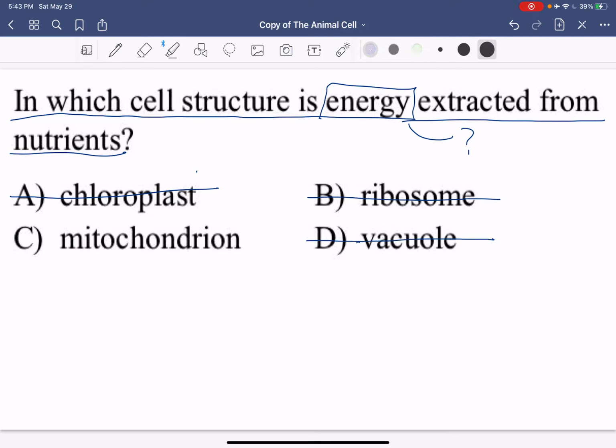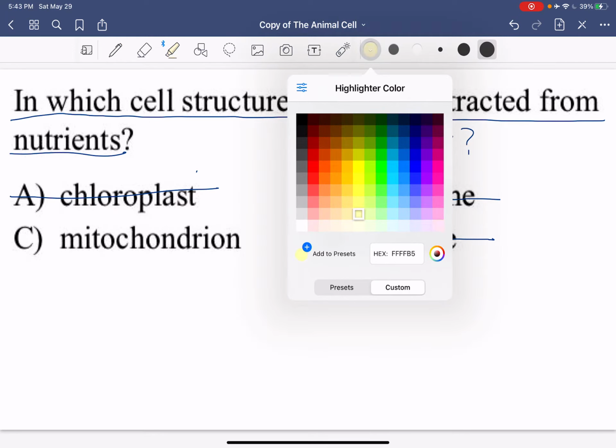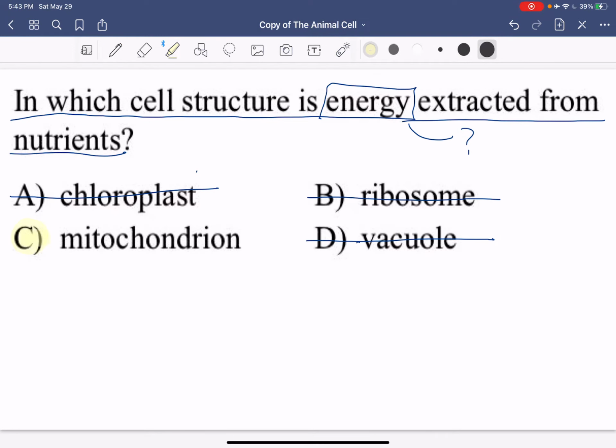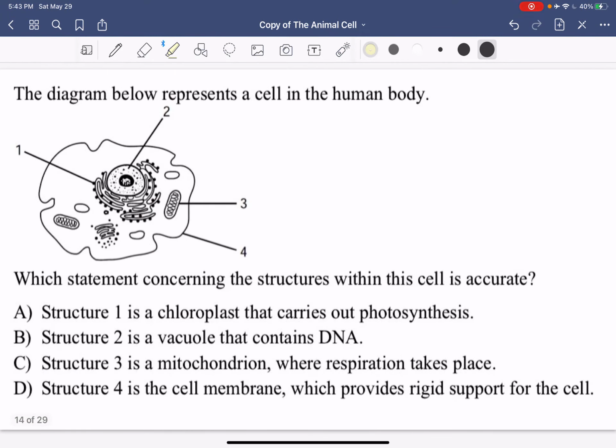So the correct answer here is C, the mitochondria. Always remember, when your cells make energy in the process of cellular respiration, ATP, we're speaking of the mitochondria. That was easy, right? It's going to get a little more complex.